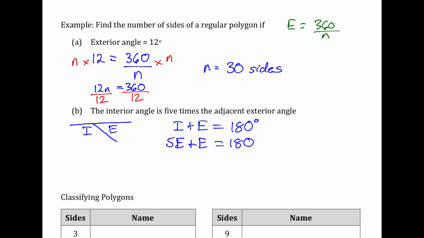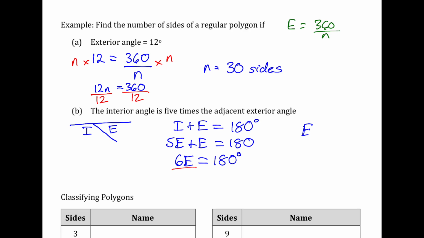How many E's do I have now? Not all at once. 6 E's. Now there's 6 of the E angle, and they add up to 180. What's next? What's my last step to find out what E has to be? What do I have to do to this equation?